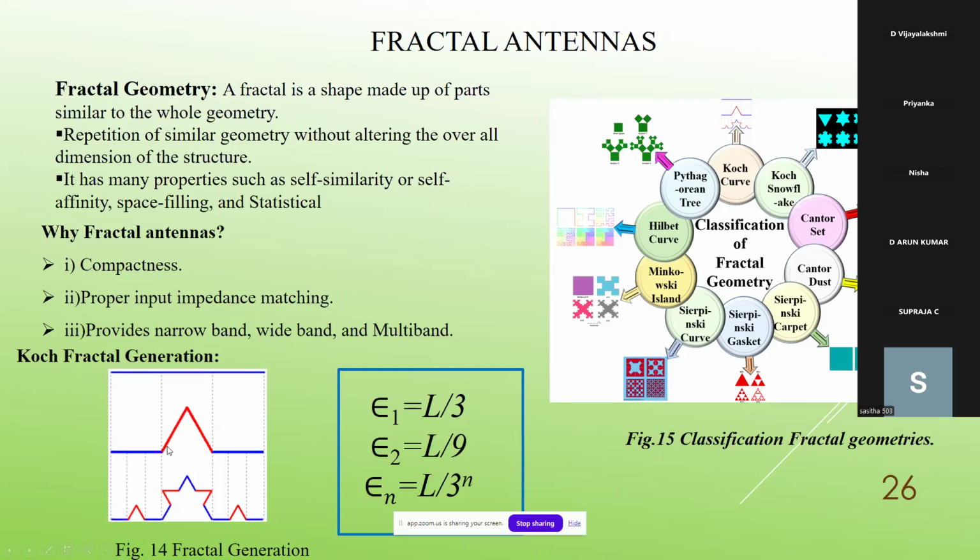Then for the first iteration, we divide it into 3 parts, each L by 3, and the center part is replaced like this, with each segment L by 3. In the next iteration, each segment is again divided into 3 parts, so each will be L by 9, and the center also is divided into parts of L by 9.